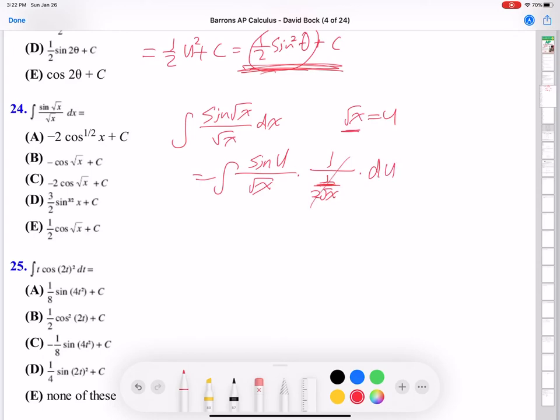That part is going to be 2 root x, right? 2 root x, and then root x crosses out. So 2 comes out as the coefficient. The integral of sine is negative cosine u plus c, and the u part was root x. Negative 2 cosine root x plus c. Yes, C is the answer.